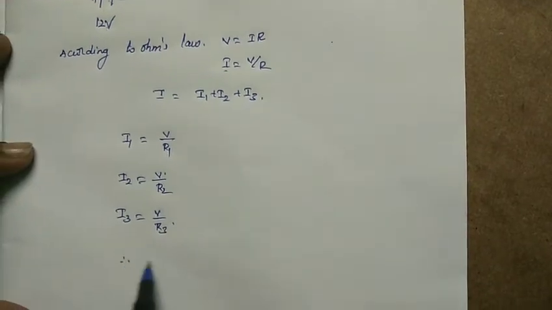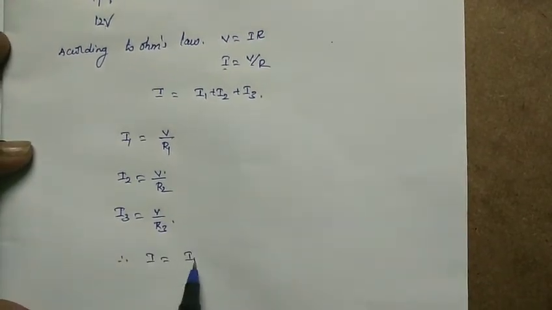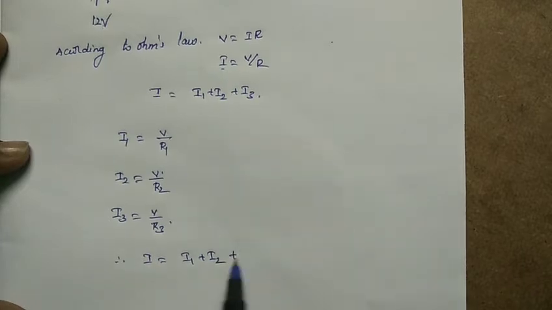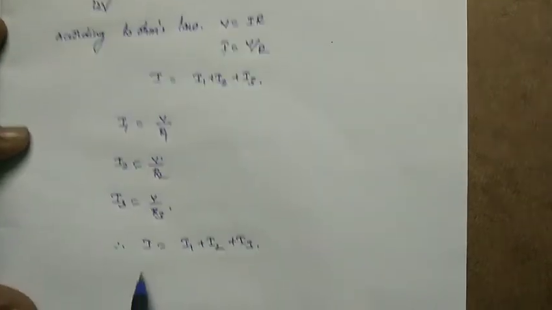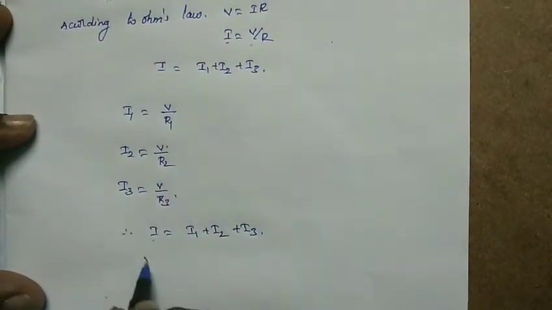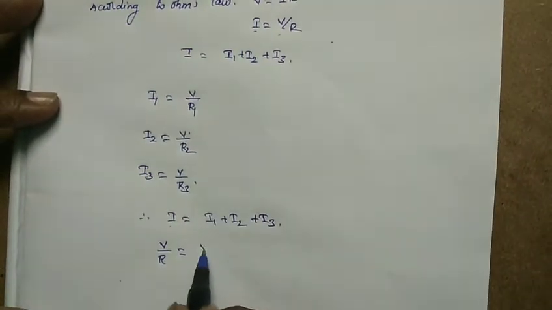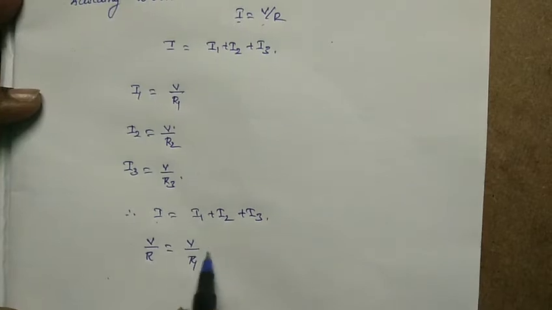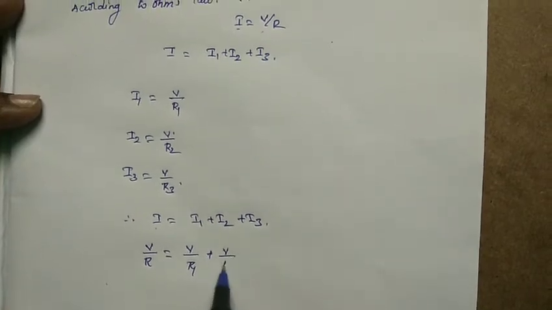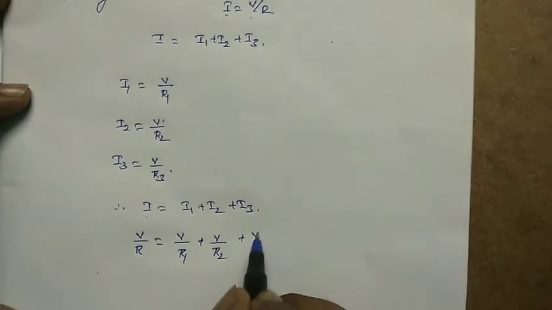Now, I equals I1 plus I2 plus I3. That means I, which is V by R, equals V by R1 plus V by R2 plus V by R3.